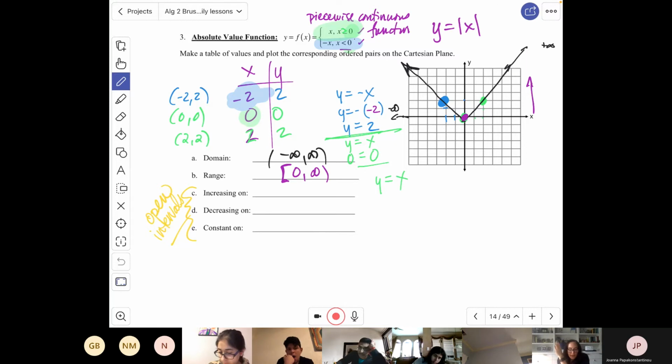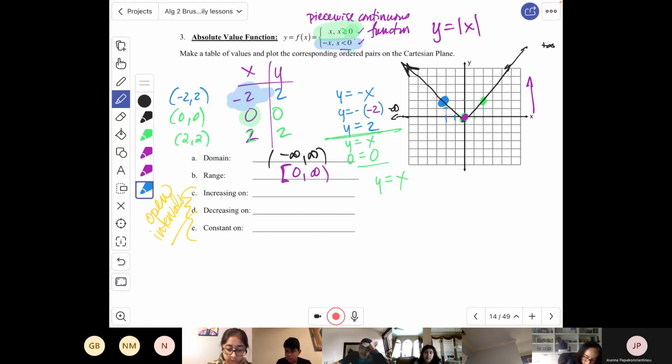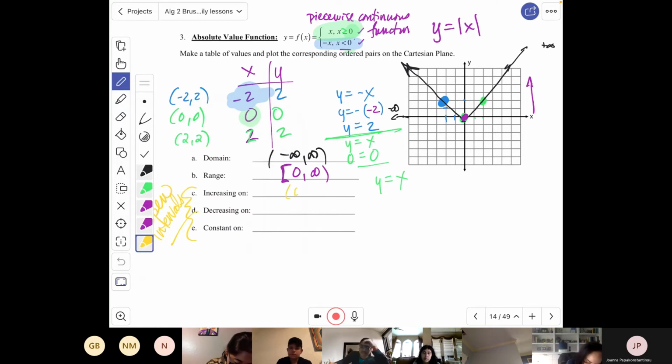And remember, the interval is defined over the domain values. What is the interval where this function is increasing? 0 to infinity. That is absolutely correct.